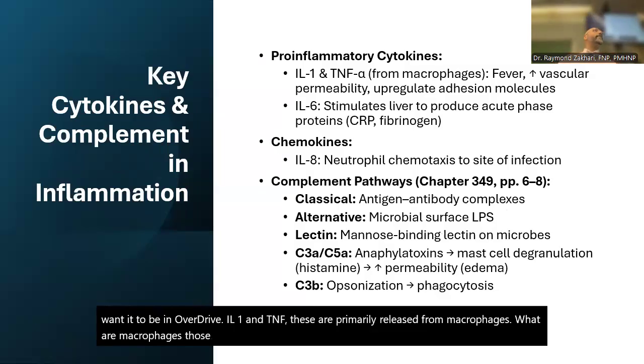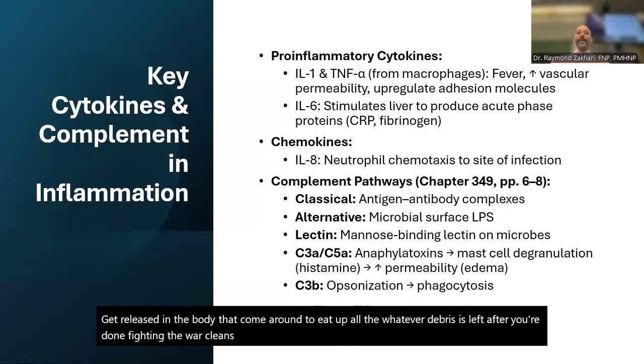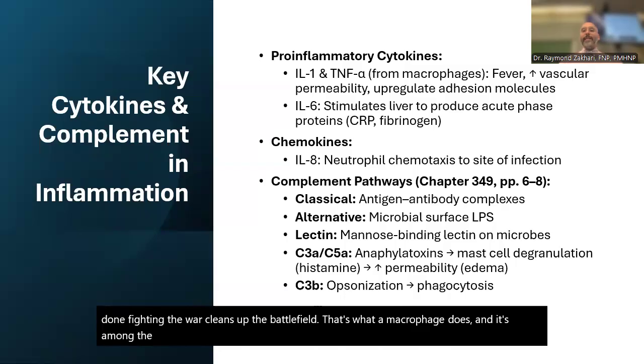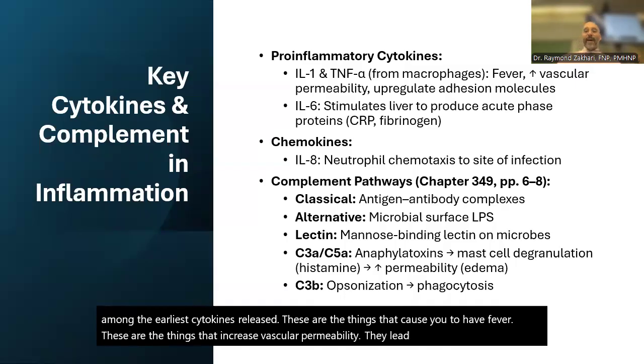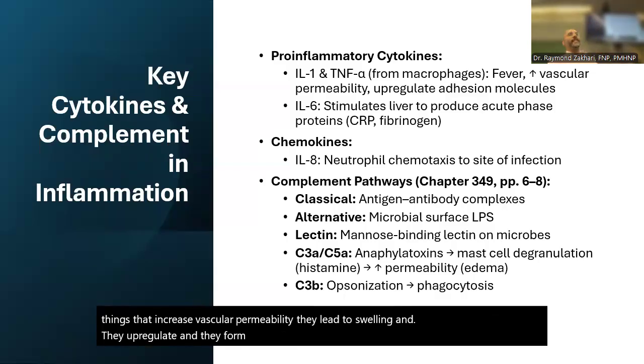Those are the cells that get released in the body that come around to eat up whatever debris is left after you're done fighting the war, cleans up the battlefield. That's what a macrophage does. And it's among the earliest cytokines released. These are the things that cause you to have fever. These are the things that increase vascular permeability. They lead to swelling and they upregulate and form adhesions. These are the things that are going to save your life.